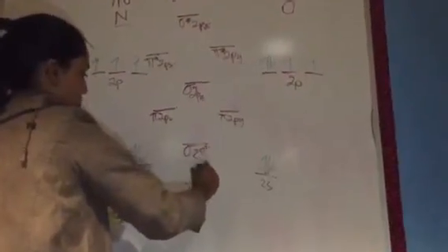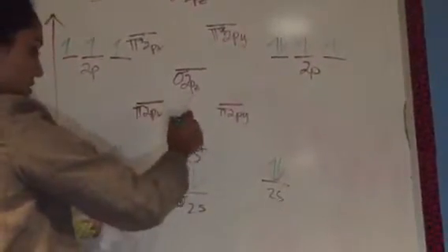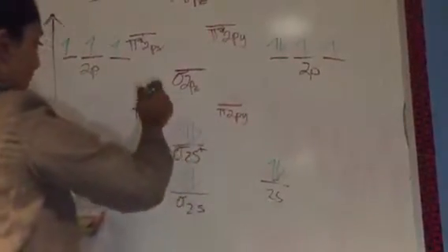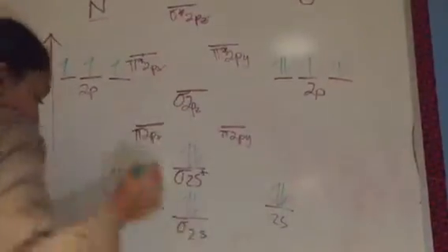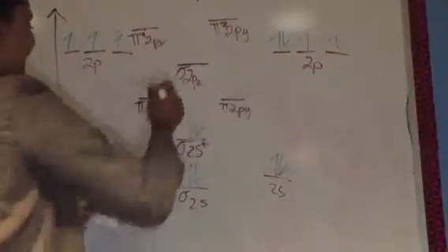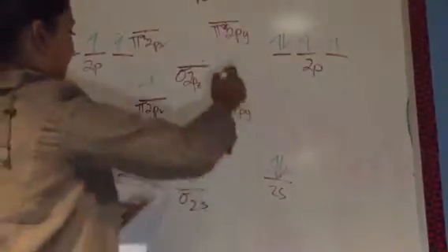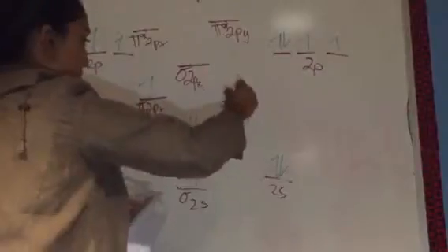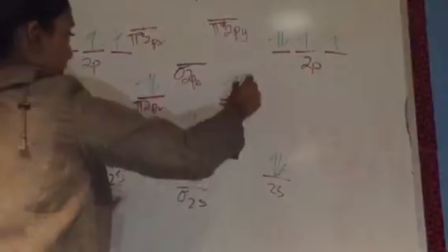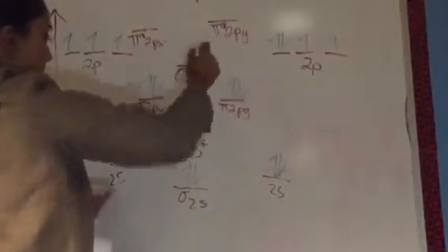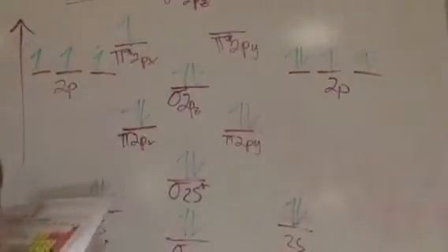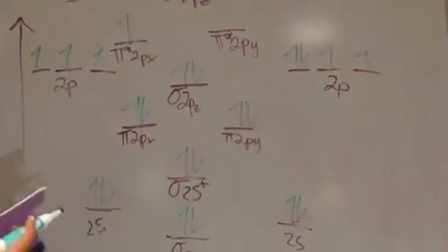So we're going to start by filling out the sigma 2s level. So 1, 2, moving on to the sigma 2s antibonding level, 3, 4, pi 2p, sorry, pi 2px, that's our 5th valence electron, and then our 6th valence electron in the pi 2py, 7th, 8th, 9th, 10th in the sigma 2pz, and our last valence electron will go into the pi antibonding 2px orbital.